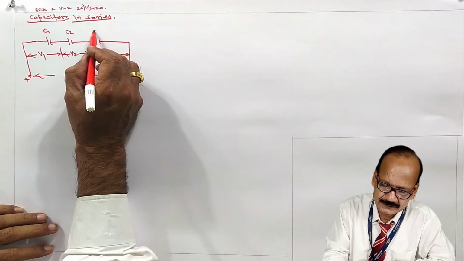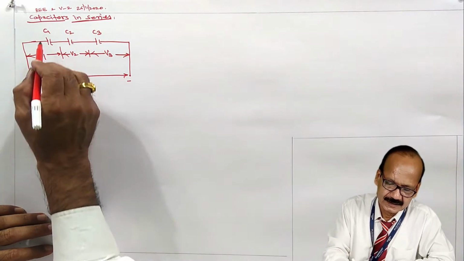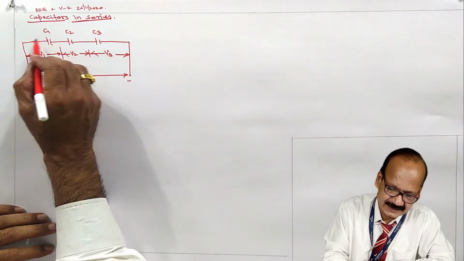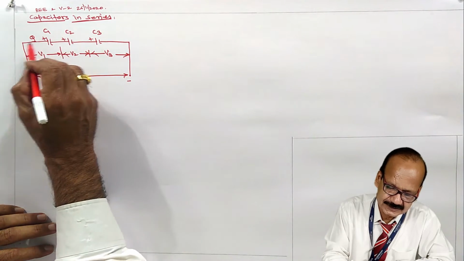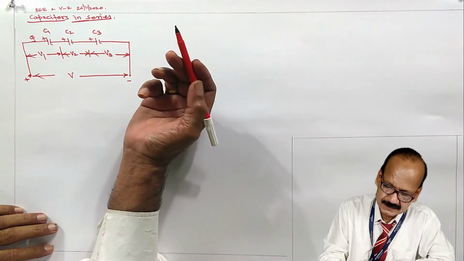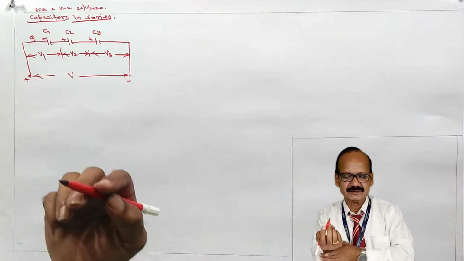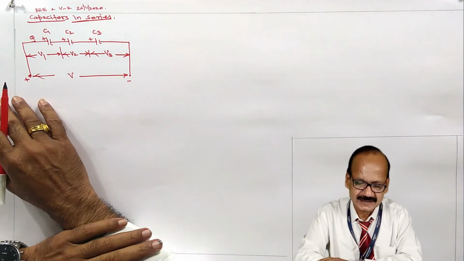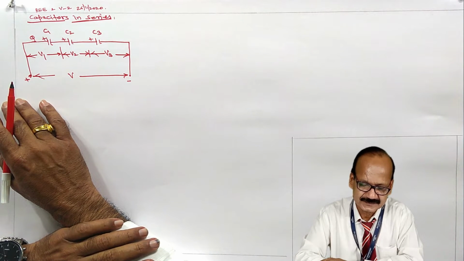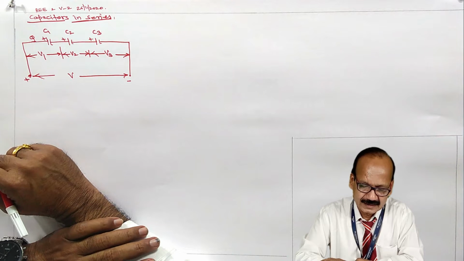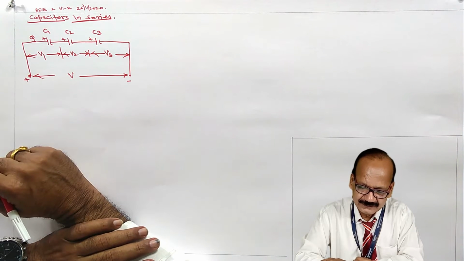C1, C2, C3, and the charge on each capacitor is the same, plus plus plus, charge is Q. Let us consider the three capacitors having capacitances C1, C2, C3 as shown in the figure.